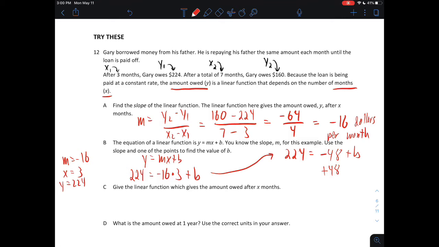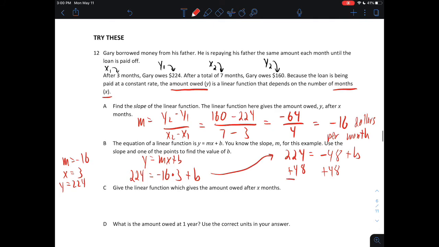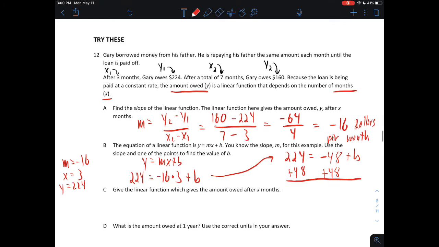So I'm going to add 48 to both sides. We're still using the ideas of opposite operations. So when I do that, 224 plus 48 gives me 272. So b is equal to 272.